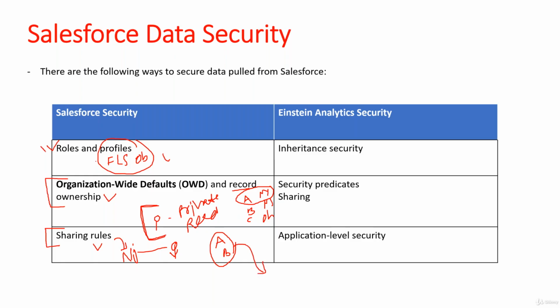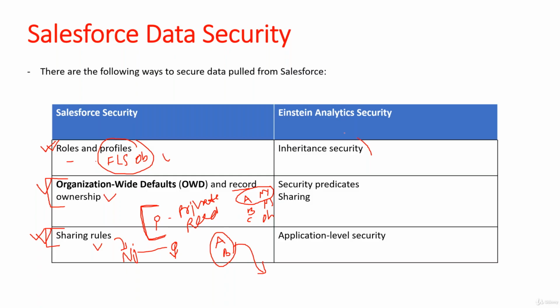So from Salesforce, we have roles and profiles, OWD, record ownership, and sharing rules, which control how data can be accessed. In the same way, when you go to Einstein Analytics, we have some security, which I'll show you. We have something called security predicates and sharing inheritance, which work more at the row level.